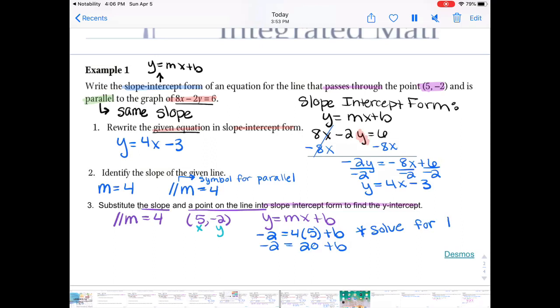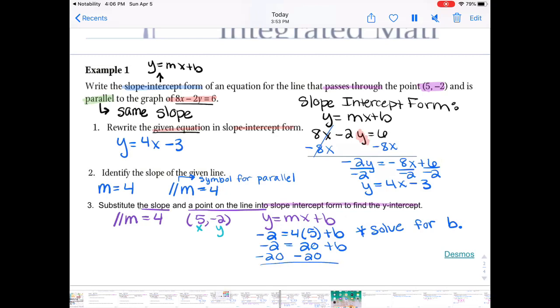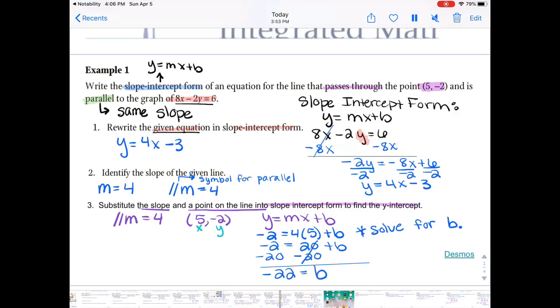So we multiplied 4 times 5 to get 20. Now the next step to solve for b would be to subtract 20 from both sides. So -2 minus 20 is -22. Now we have everything we need to write the equation that was parallel to that given line.